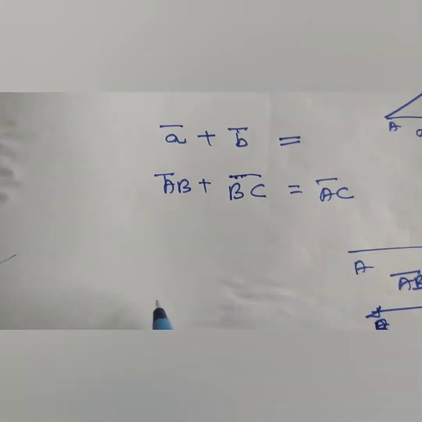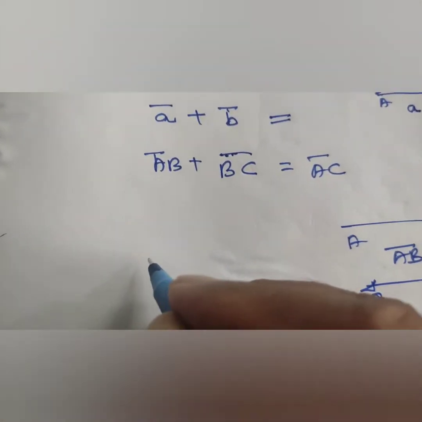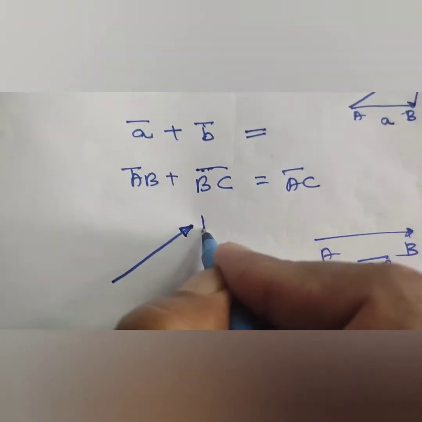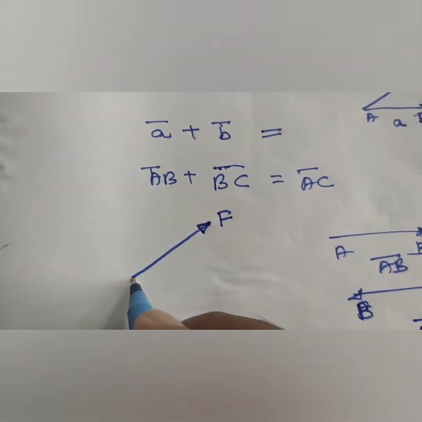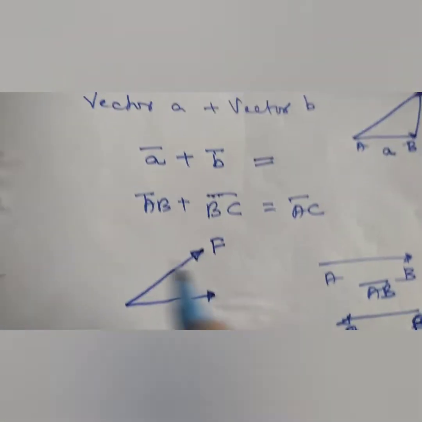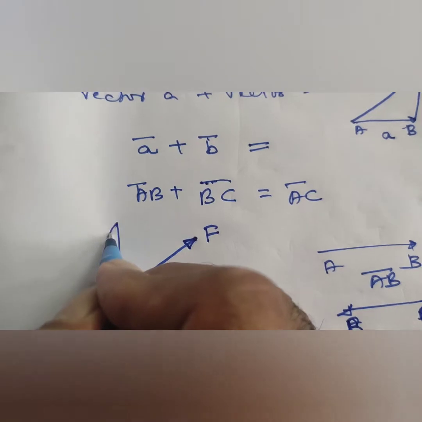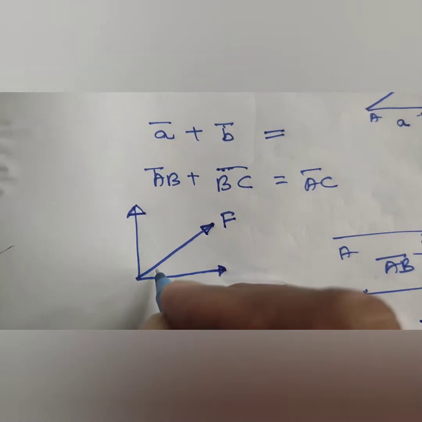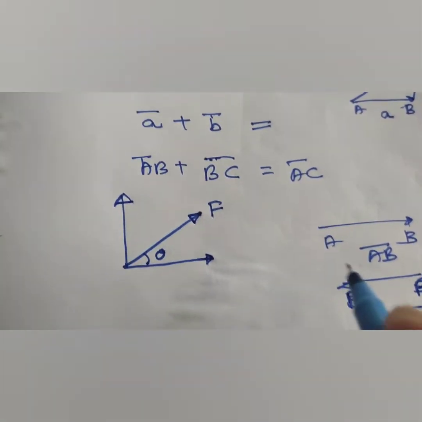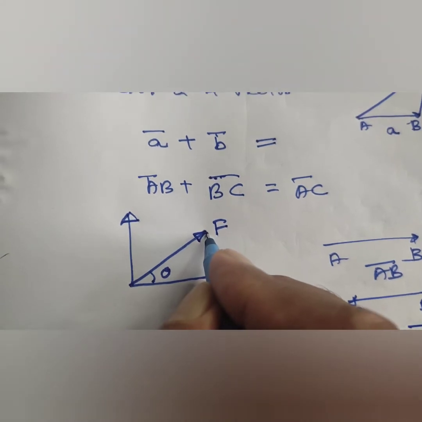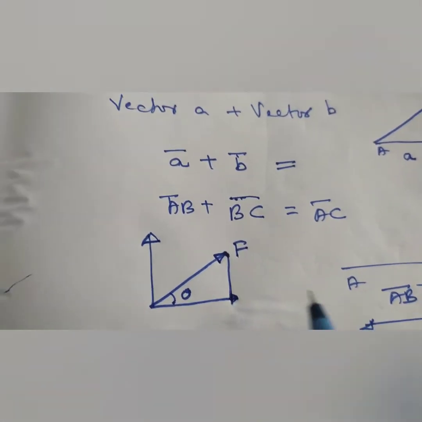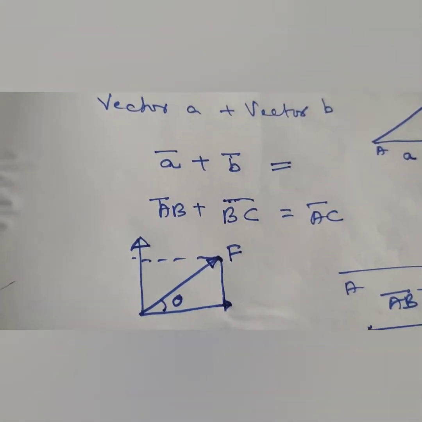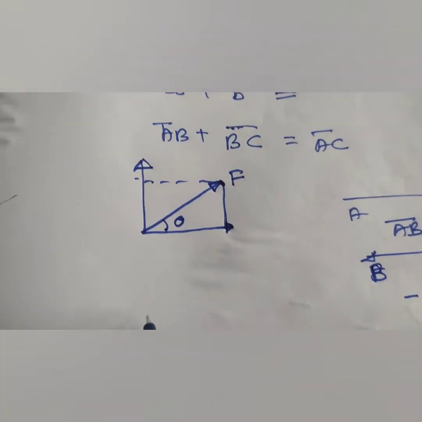And also we can see this in force or in electrical circuits. If a vector is in this direction, it has two components. If it is a vector F at an angle theta, let me draw again so that you can easily understand.